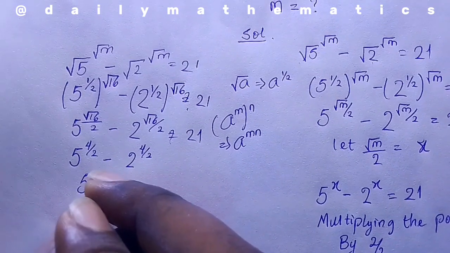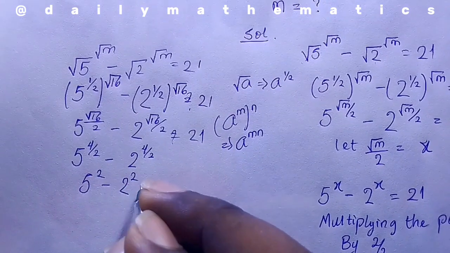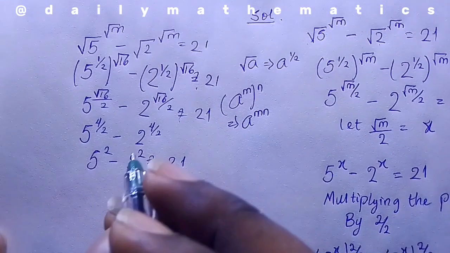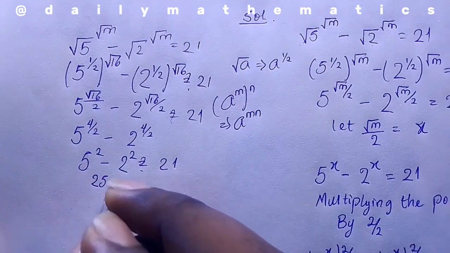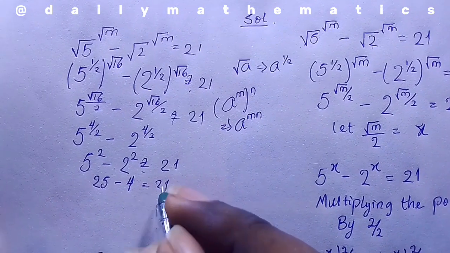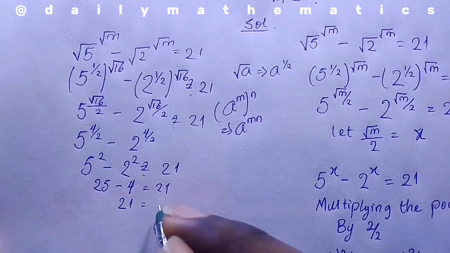That means we have 5 squared minus 2 squared. Does it give us 21? So 5 squared gives us 25, and 2 squared gives us 4. Thus 25 minus 4 gives us 21. So it's equal to 21.